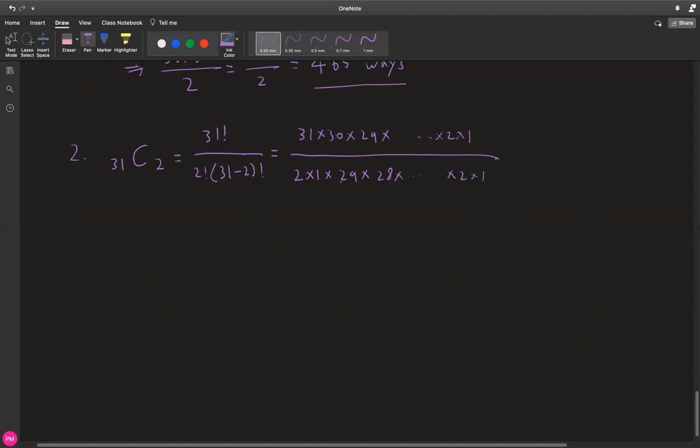All the numbers from 29 down cancel out, so you end up with 31 multiplied by 30 divided by 2. That is 465, which we found before.